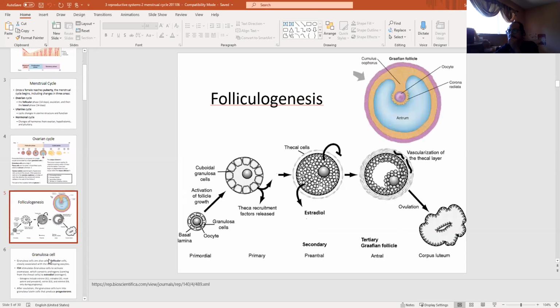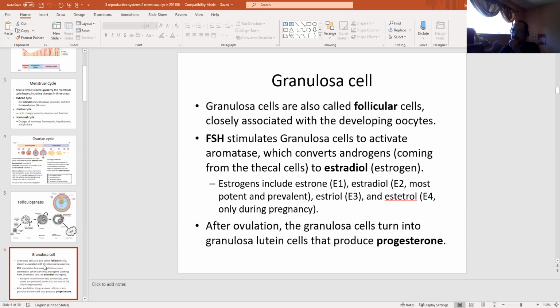So let's look into all the important cells in these phases. One is the granulosa cells. These granulosa cells are also called the follicular cells. In this stage, we typically call them granulosa cells to distinguish them from the follicular cells surrounding the primordial cells for almost over a decade within the ovary.